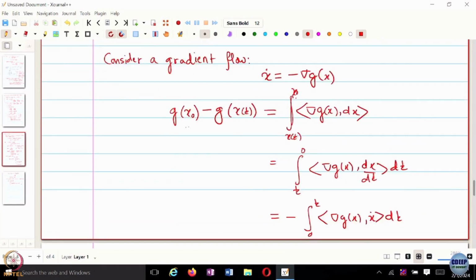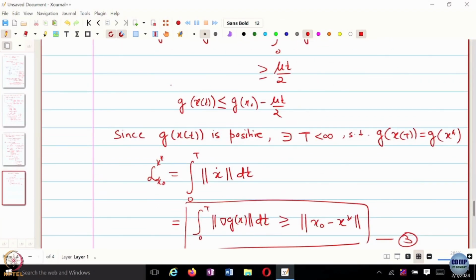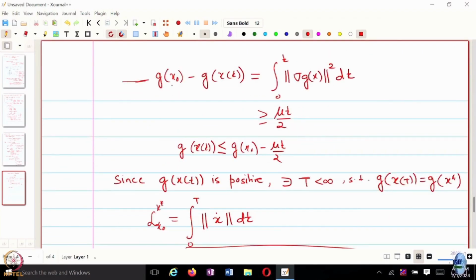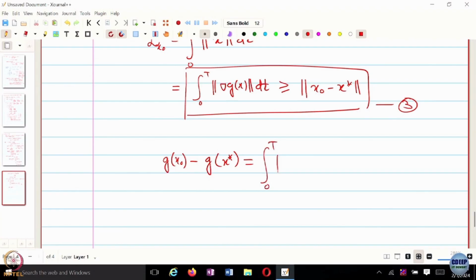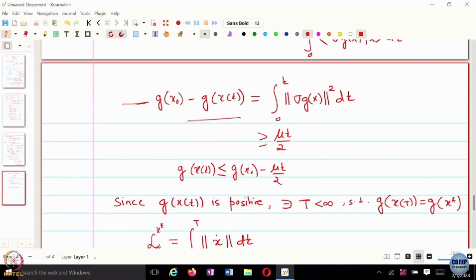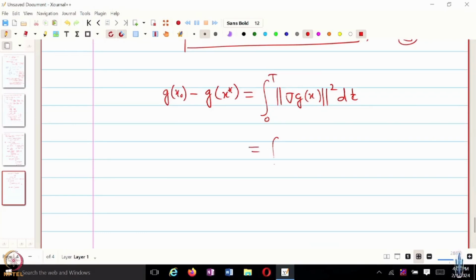If I revisit this term, g of x naught minus g of x star is essentially the integral from 0 to capital T, which I can write as the integral from 0 to capital T of the norm of the gradient of g of x dt.